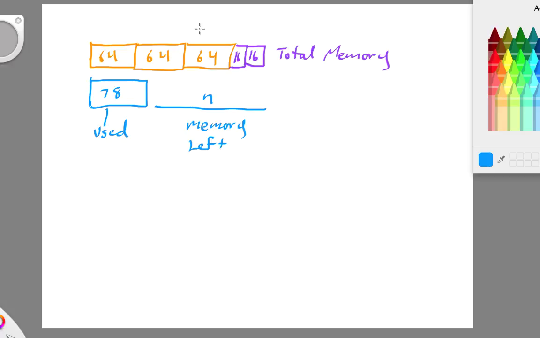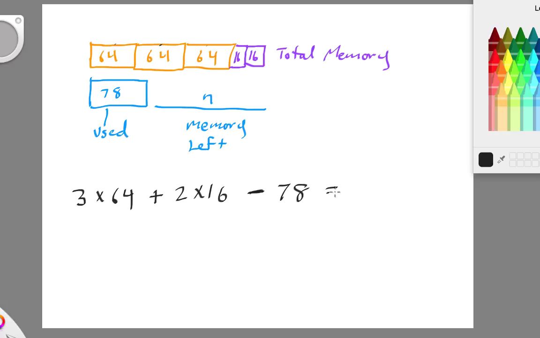Okay, so what we have first is, I guess I should change color just to standard black, 3 times 64. That's this one plus this one plus this one, a multiplication problem. And we're going to add to it 2 16s, which is 2 times 16. And then we're going to subtract the 78 from it.